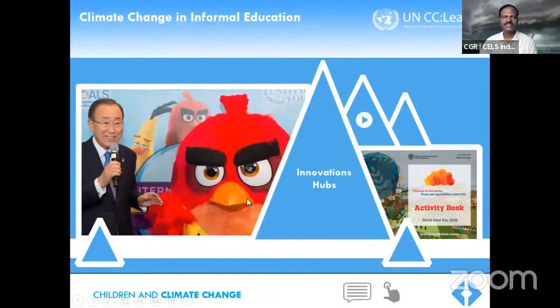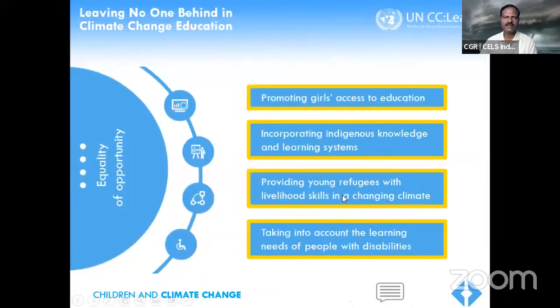So here innovation hubs are there and activity books are there. So these resources are available once you get into that material in PDF or interactive learning lessons. By clicking on these links, you can get the details. So promoting girls' access to education is important, because of equality of opportunity; there are more boys now enrolled in schools but fewer girls.